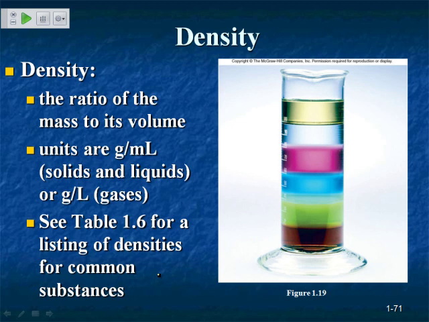So the next unit, our next physical quantity we are going to look at is density. So we talked about mass and volume, and density is the ratio of mass to its volume. And units are grams per ml in solids and liquids, or grams per liters in gases.